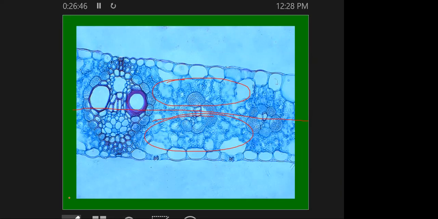Another thing to look at here to tell a little bit more, and it's more obvious here with the minor veins: look how big those bundle sheath cells are. They're really plumped up around the vein. Really, really big. So what kind of plant is famous for having really big bundle sheath cells?